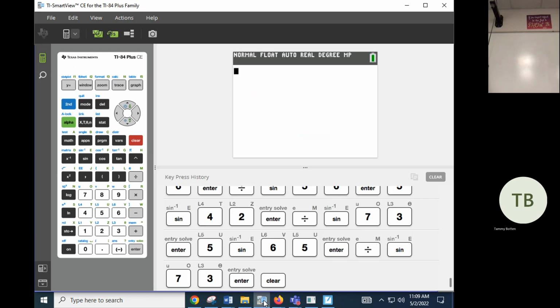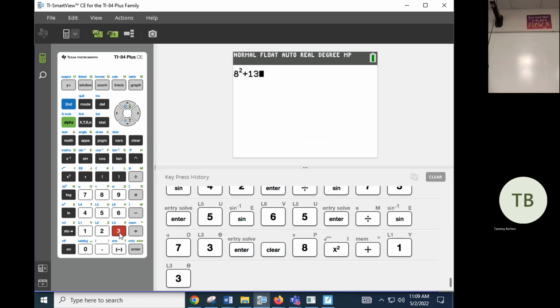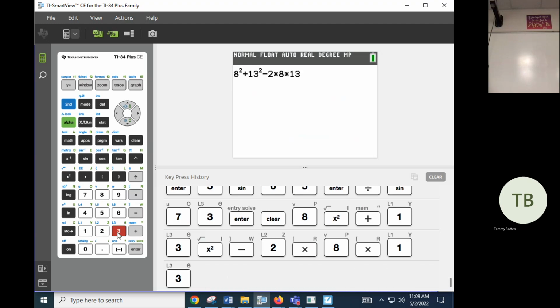So it was 8 squared plus 13 squared minus 2 times 8 times 13. And then you could go times cosine or just do cosine, either way. And it was cosine of 64.